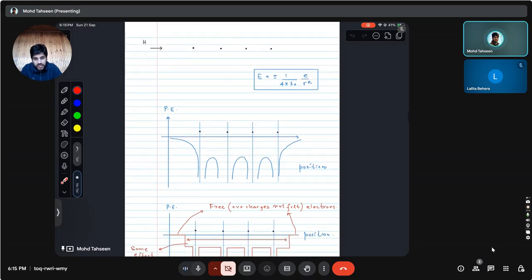So an electron experiences this kind of potential in the conductor, right? Near the ions, so these black dots represent the ions or the positive cores, there the potential energy of the electron is very low, highly negative, as compared to some other location.